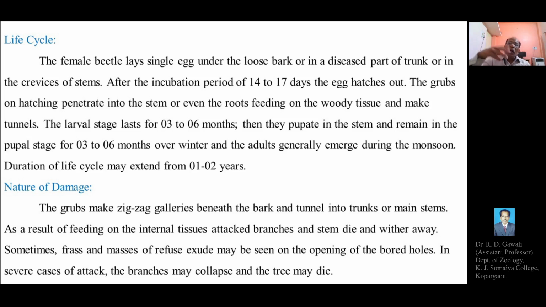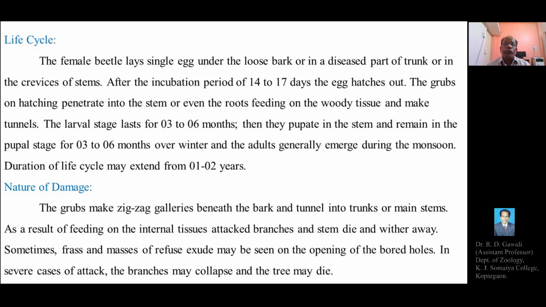So after a period of about 6 months, the total woody tissue or the meristematic tissue, whatever plant tissues are present inside, is consumed, and after that the entire mango tree or a particular branch will die. So the duration of the life cycle of the mango stem borer is 1 year or it may extend up to 2 years. Then nature of damage.